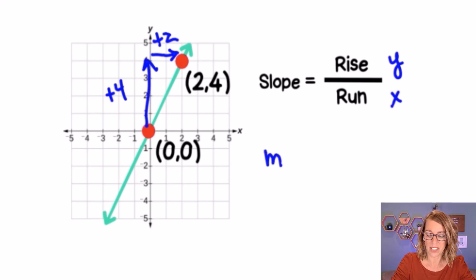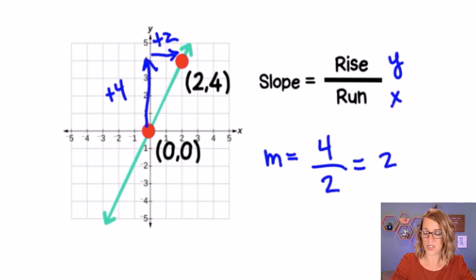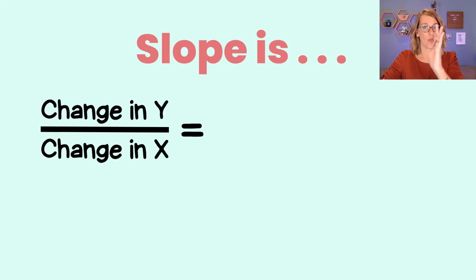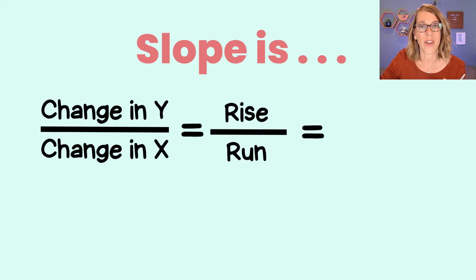Now we go ahead and denote slope with the letter m, and my rise or change in the y direction is 4. My run or change in the x direction is 2, and 4 divided by 2 is 2, and that's our slope. The slope of the line is the change in the y direction over the change in the x direction, which we also saw as rise over run, but there's a really nice formula to find that rise or the change in the y direction.